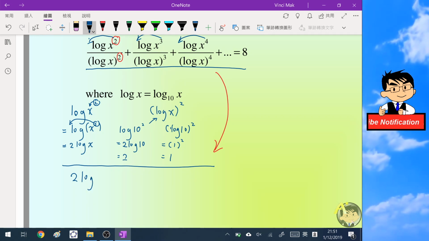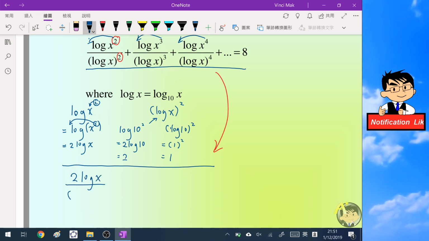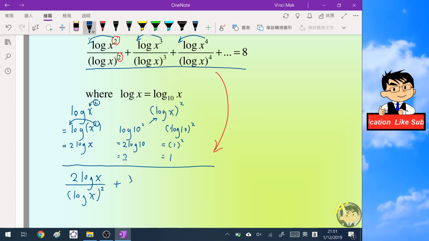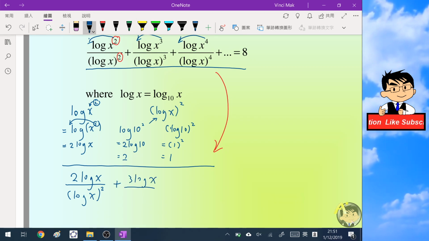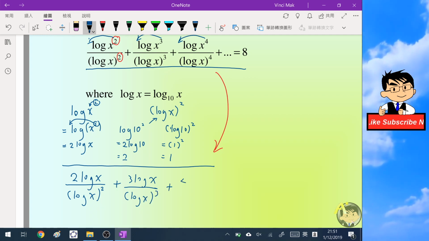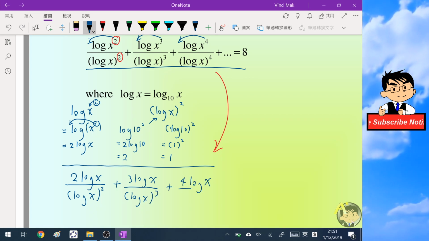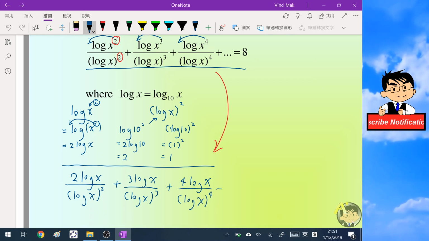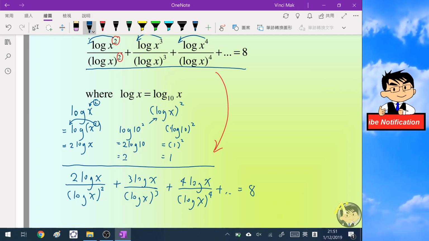So the first one is 2 log x over log x whole square plus 3 log x over log x whole cube plus ... Similarly for the third term, and it's equal to 8.